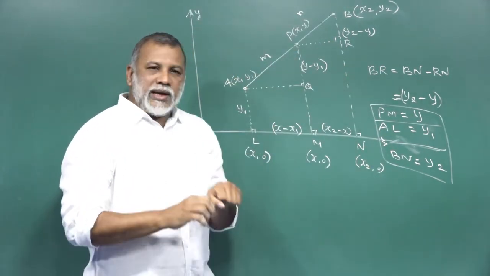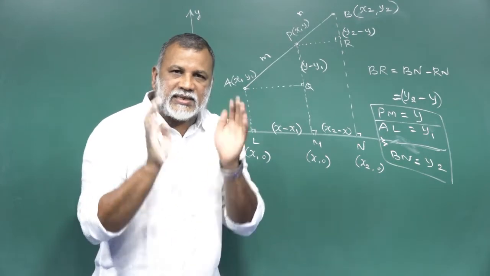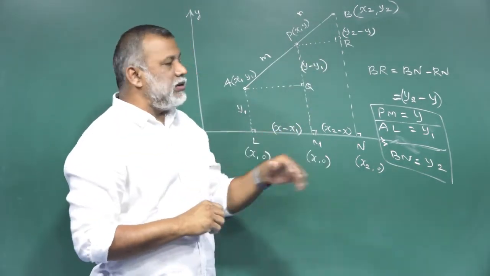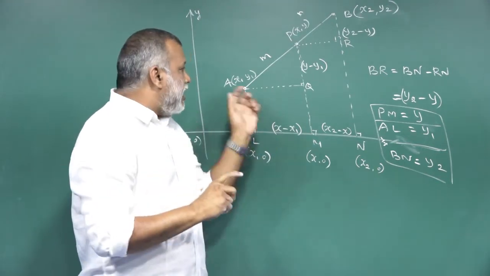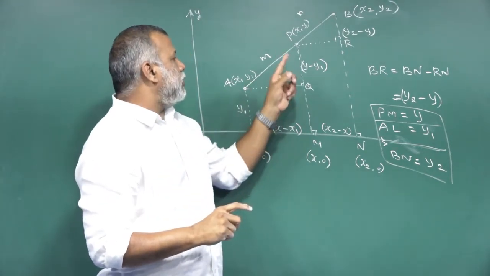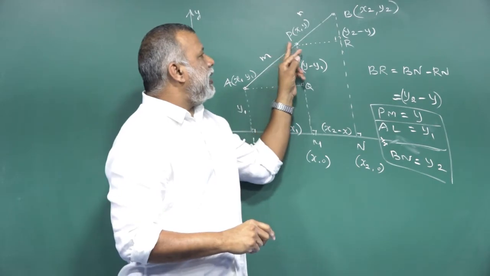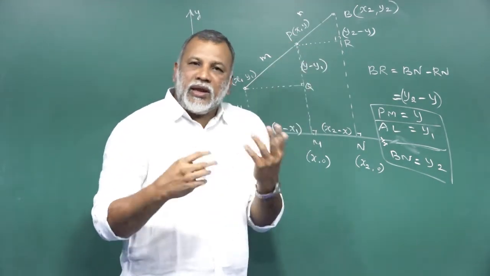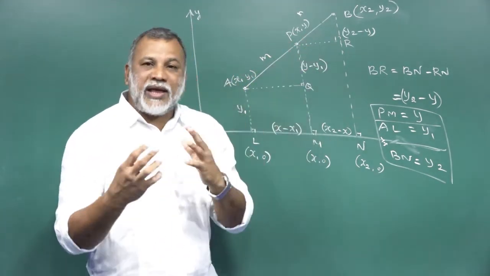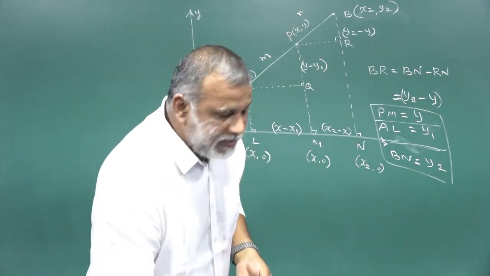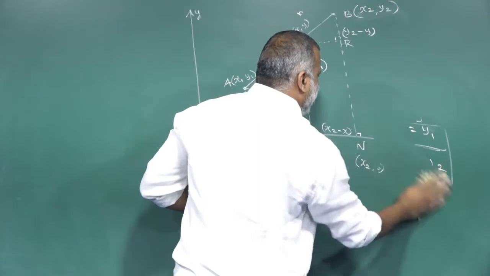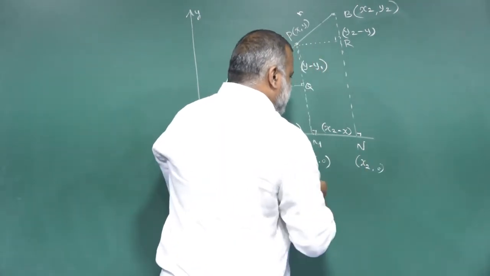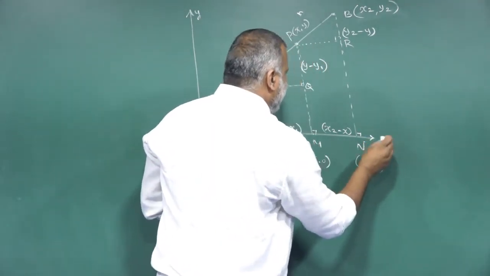After completing all these distances, we need to find the relation between P and B. We are able to see two similar triangles. With the help of the similar triangles, now we can develop our knowledge. Dear students, now listen to another logic here.